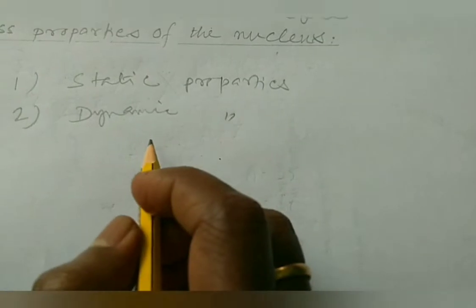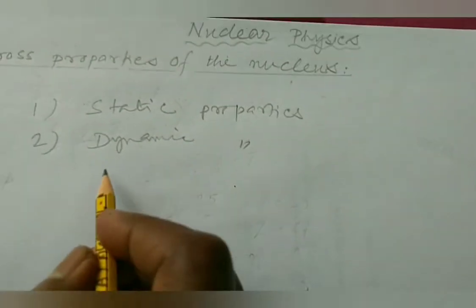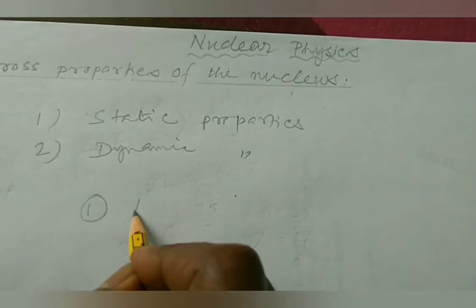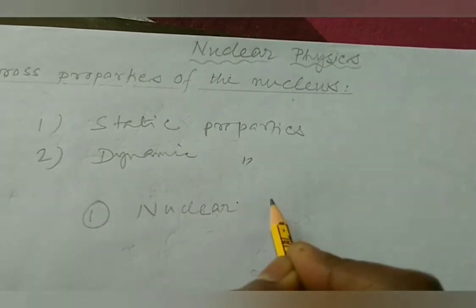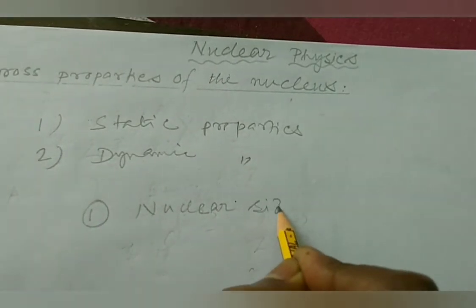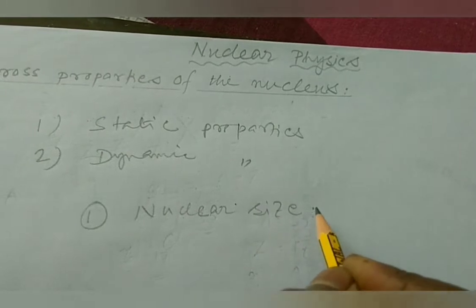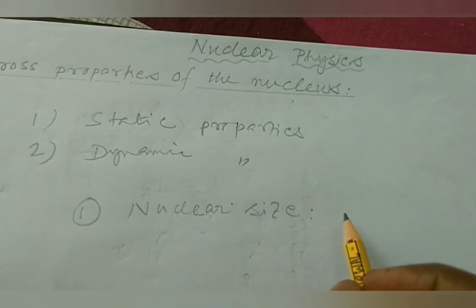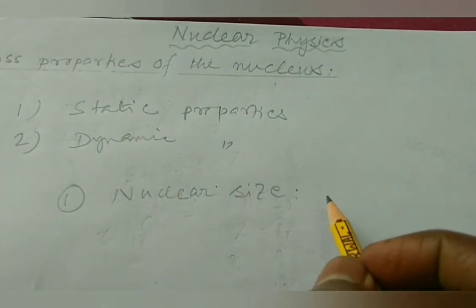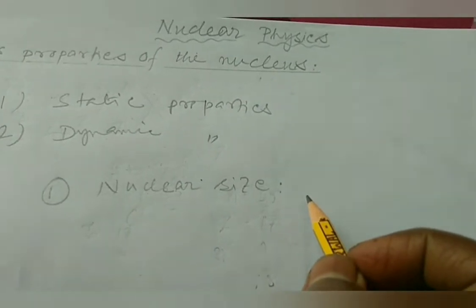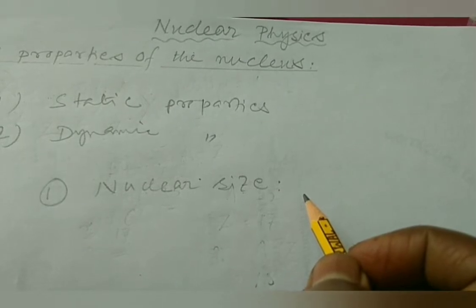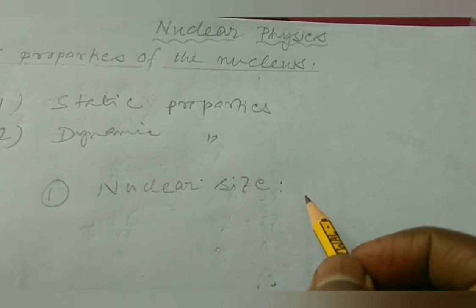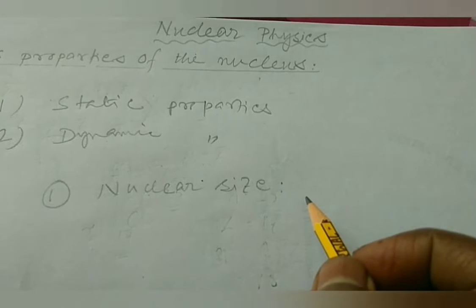Now we discuss about some static properties of the nucleus like 1. Nuclear size. Experiments show that nuclear charge is almost uniformly distributed and nuclear charge density is approximately constant.